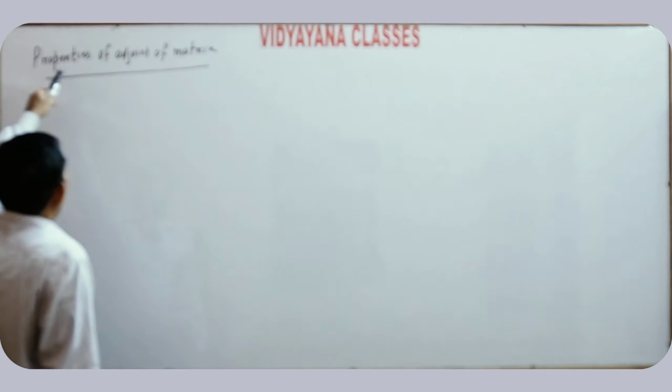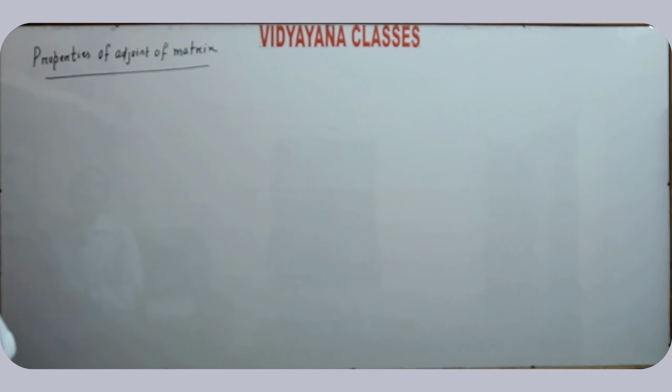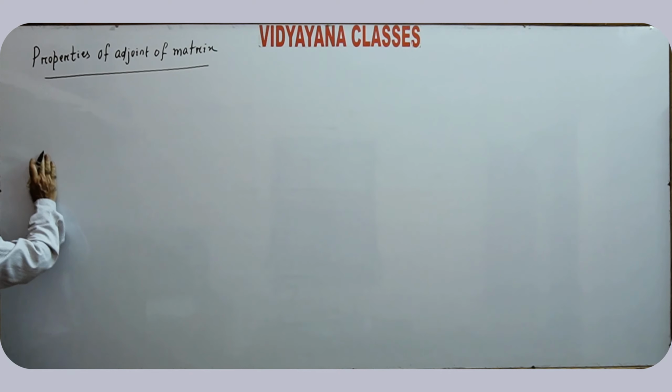Next, properties of adjoint of matrix. What are the properties of adjoint of matrix?